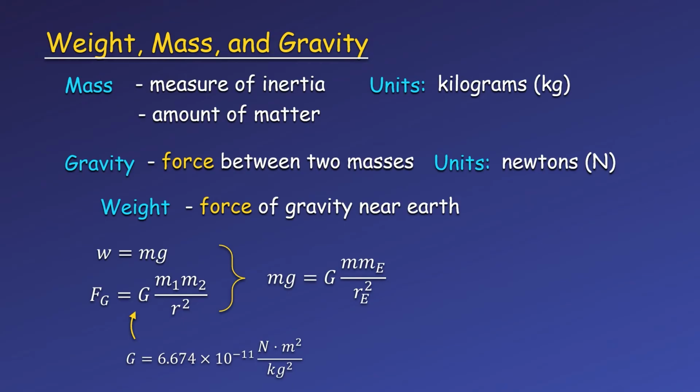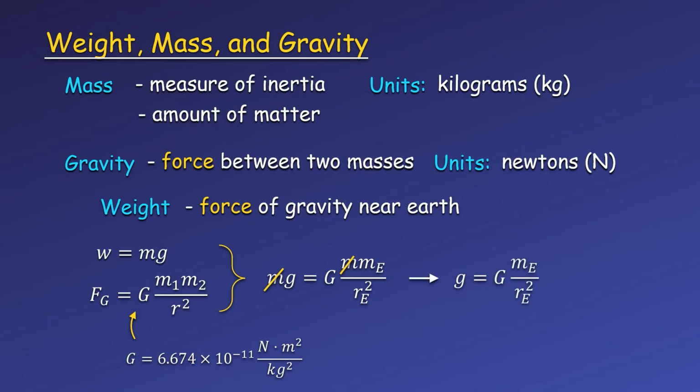For the force of gravity on the right, one mass will be just m for the mass of our object, and the other will be the mass of the Earth. Since we are at the surface of the Earth, the distance r is very close to the radius of the Earth. Notice that the mass of our object, just m, is on both sides, so we can divide by it on both sides to remove it.